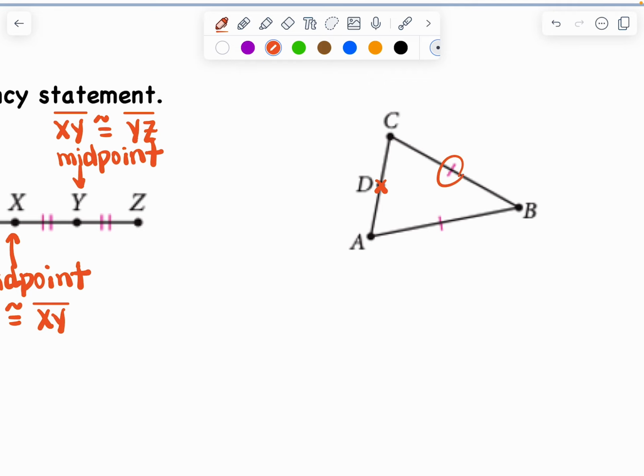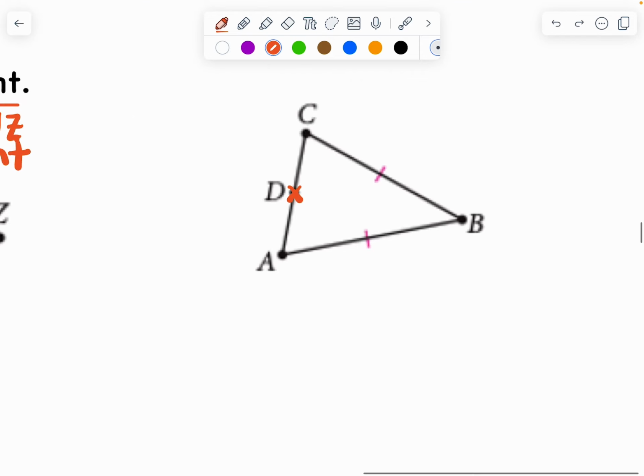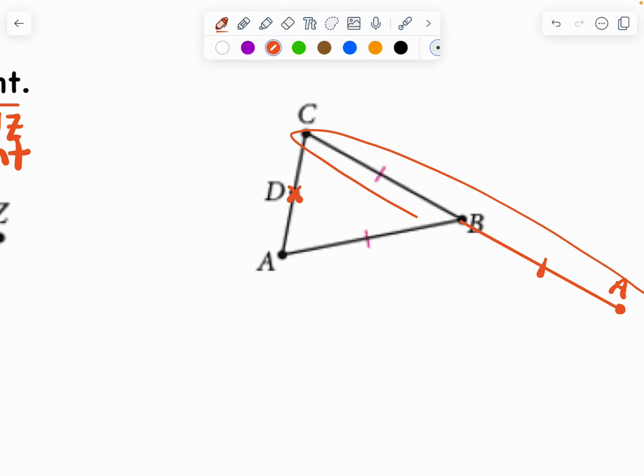The other thing that confuses people sometimes is like, oh, well, if I have 2 congruency marks, there must be a midpoint. Well, just because there's 2 congruency marks, for instance, does not make B a midpoint, right? Because it has to all be collinear, right? It has to be one solid line segment. So if BA was way out here, right, and my congruency mark was here, well then yes, B would be a midpoint, right?